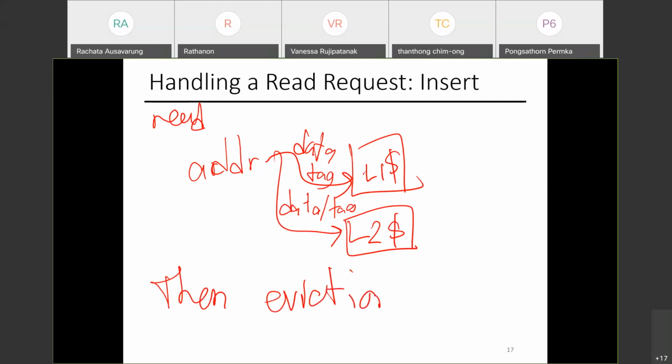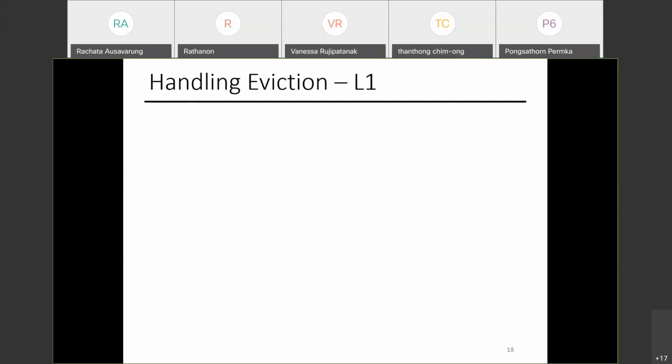Eviction. You need to get rid of something from the cache. So there are two function calls that you need to implement: handling eviction for L1 and then for L2. For L1, use FIFO, first in, first out. For L2, also use FIFO.